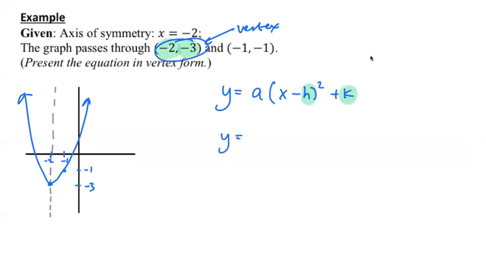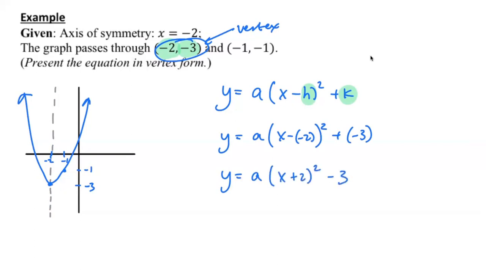So at this very moment, let's go ahead and substitute our h and our k, so that we have (x + 2) squared minus 3. How wonderful.